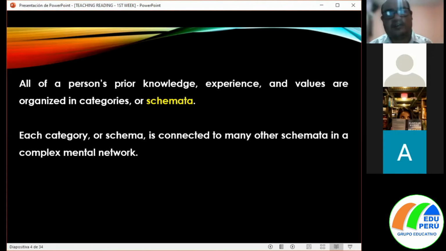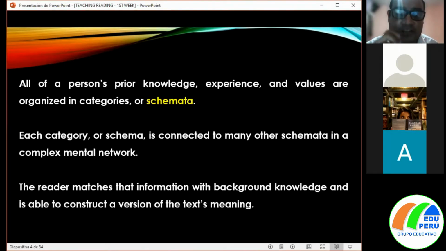Each category or schema is connected to many other schemata in a complex mental network. So you're going to connect all your experiences, all your prior knowledge related to life, to real facts, or related to the language, and they are going to form a complex mental network.